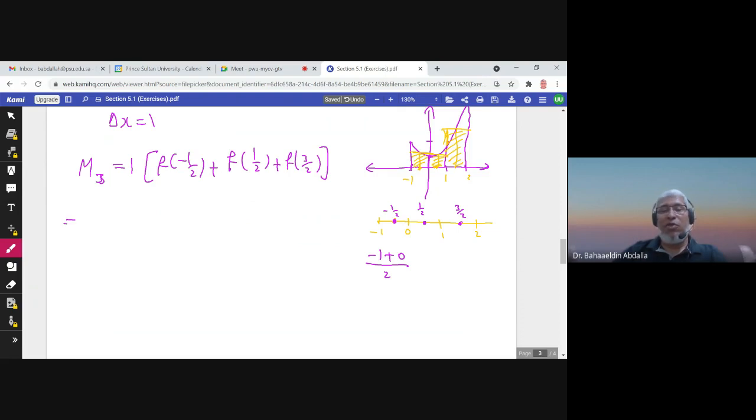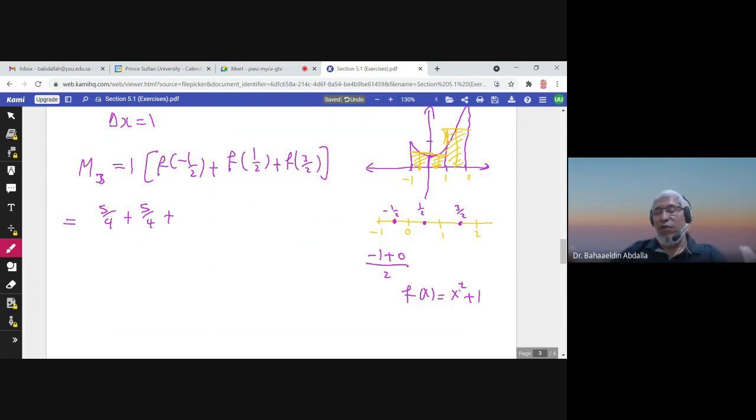You can use again the function. The function is x square plus 1. So negative half square is 1 over 4 plus 1. That's 5 over 4. F of half, that's also 5 over 4.